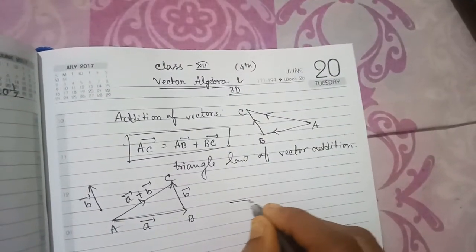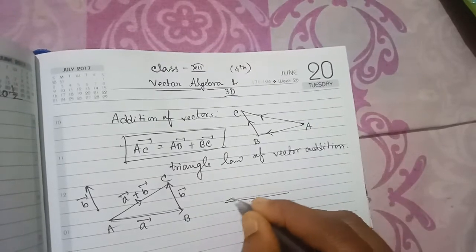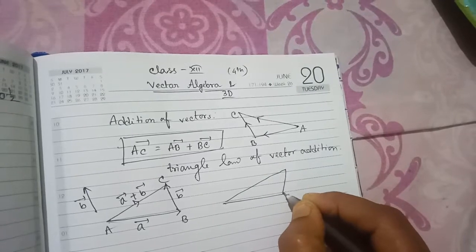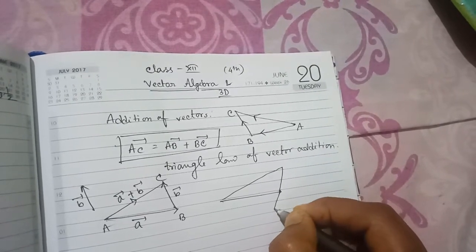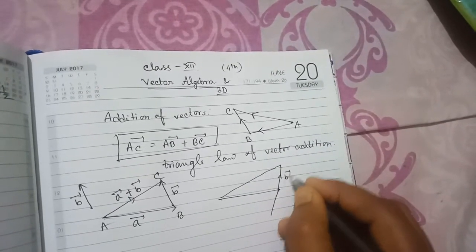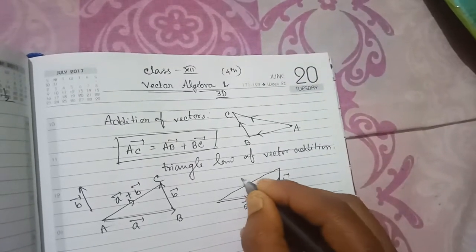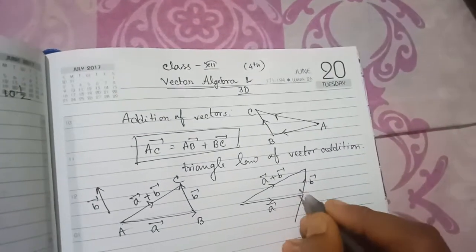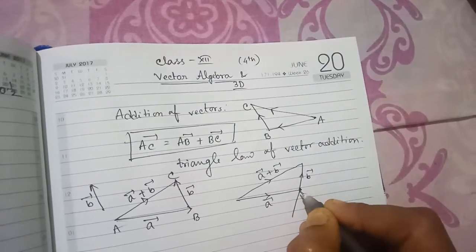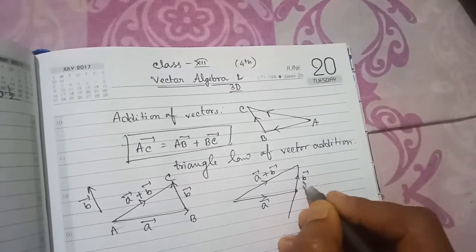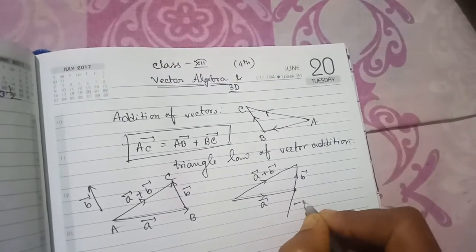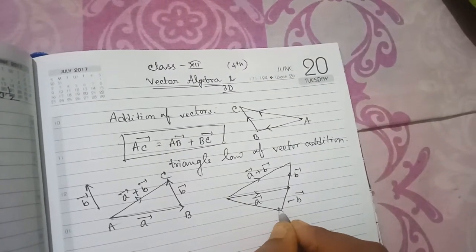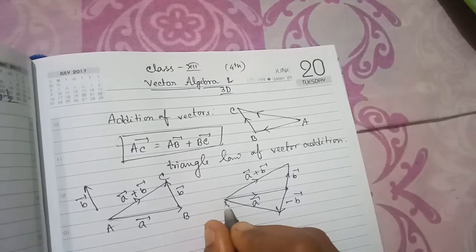Now in particular, suppose the form is like this. Suppose this is B vector, this is A vector. By triangle law, you know this is A plus B vector, right? I am taking another vector with the same magnitude in just the opposite direction of B. That means this will be minus B vector, and we join its terminal point with the initial point of A vector.